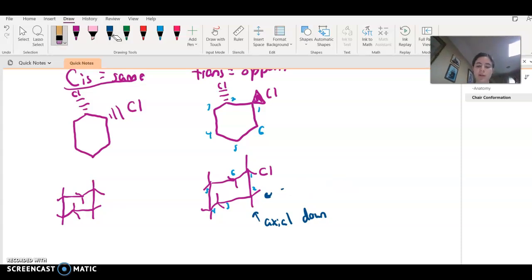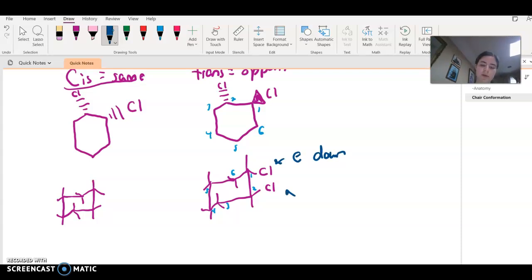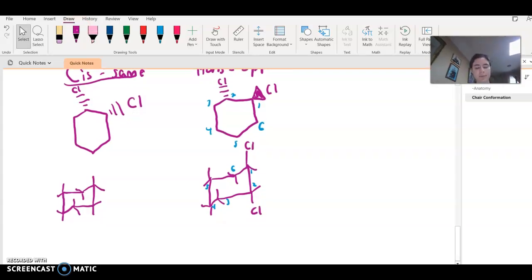So we are going to pick the equatorial up because it is the opposite direction, because this one's equatorial down. So for short, I'll write E down, and this one is E up. Now remember, this works for axial too, so you could also do axial up and axial down.